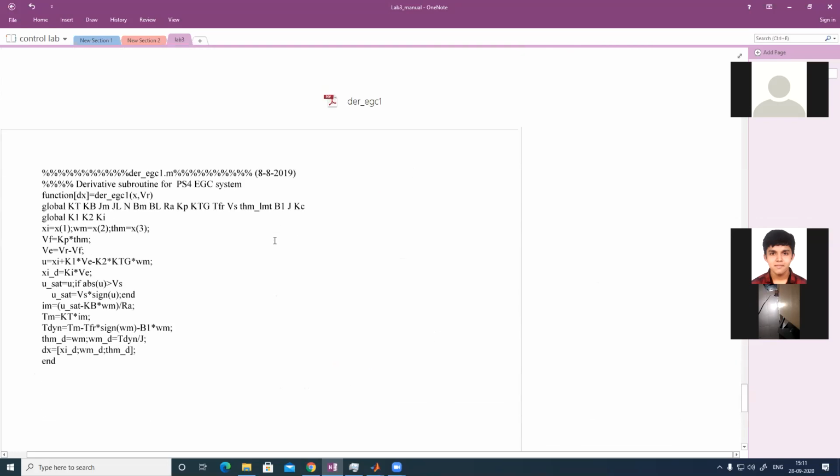So in the derivative subroutine, you are declaring all the variables. X of 1 is Xi, omega m is x of 2, theta is x of 3. That you are declaring here. And Vf is equal to Kp into theta m, which I showed there now. And V is equal to VR minus Vf. And this U is coming here.